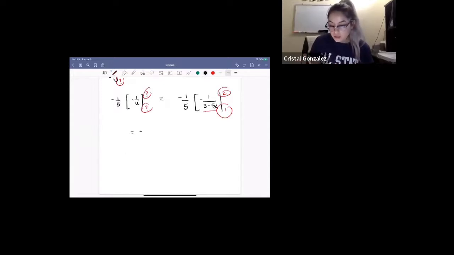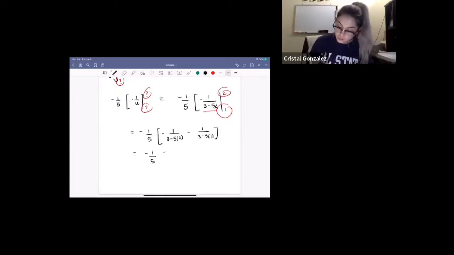When we evaluate this, we're going to get negative 1 over 5 times f of b minus f of a, which is negative 1 over 3 minus 5 times 2 minus 1 over 3 minus 5 times 1, which is the same thing as negative 1 over 5 times 1 over 7 minus 1 over 2, which is exactly what we got last time.